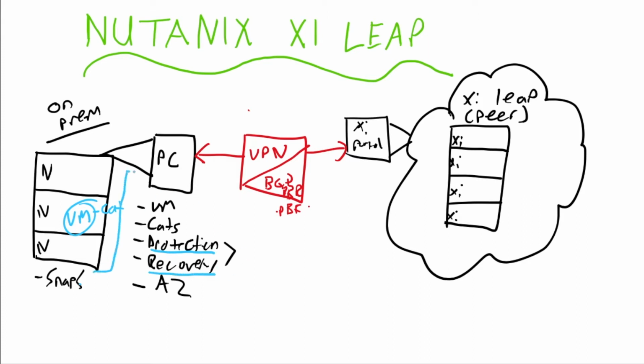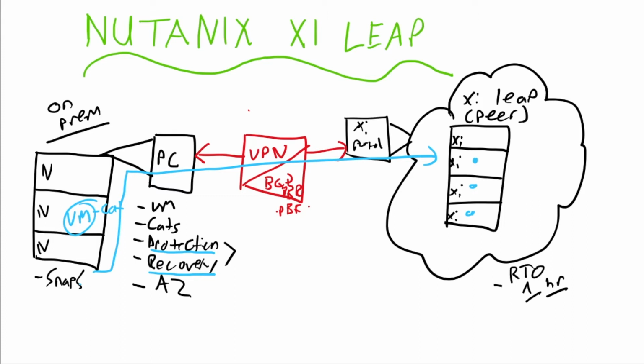These snaps get replicated to Xi. They will exist over in the cloud. And once they're there, you're ready to do your tests, do your failover, those sorts of things. You can get more information on the SLAs and such, but we do have an RTO of 1 hour. We actually spin up VMs really fast.